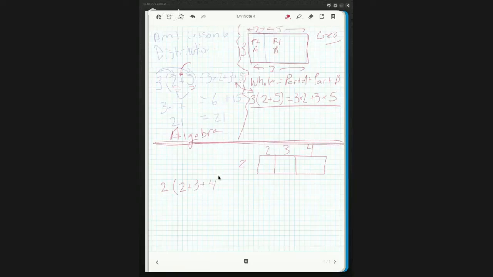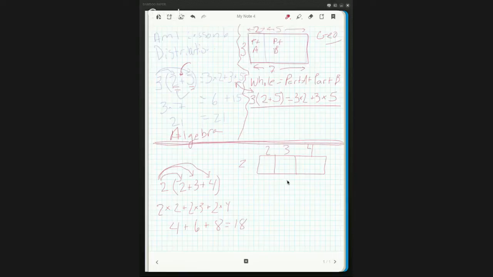It can work for any number of terms inside the parentheses. So this is equal to 2 times 2 plus 2 times 3 plus 2 times 4, which is equal to 4 plus 6 plus 8 equal to 18.